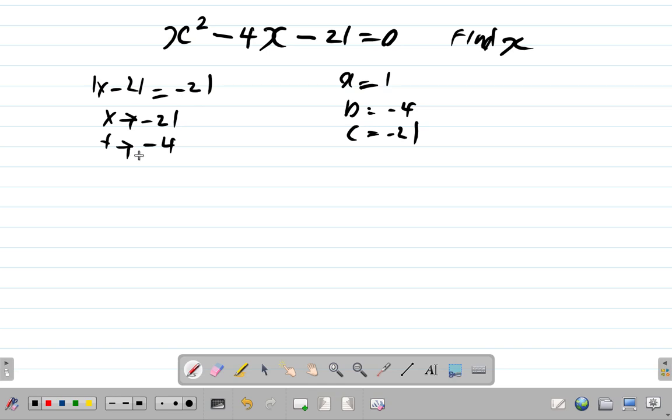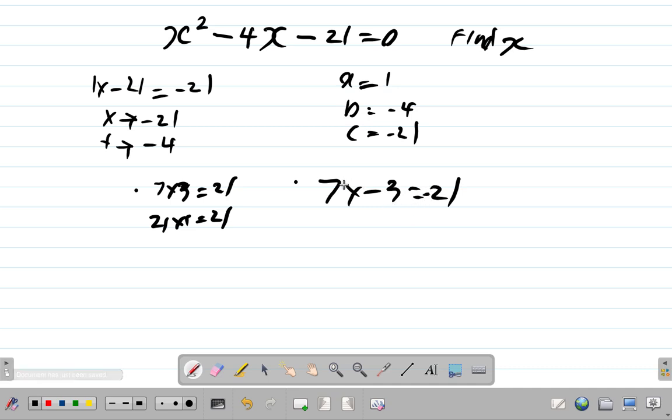We're going to find numbers that multiply and give you 21. You have 7 times 3 gives you 21. 21 times 1 gives you 21. No other number works with it. If you get negative 21, one of them has to be negative. Make the 3 negative first: 7 times negative 3 gives you negative 21.